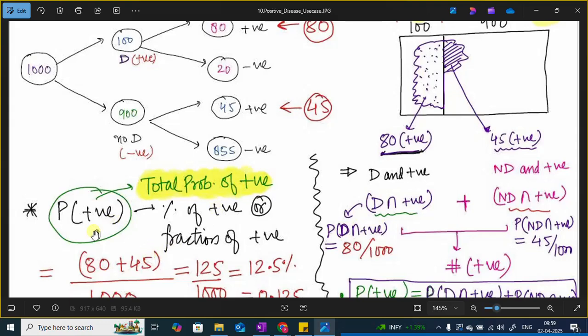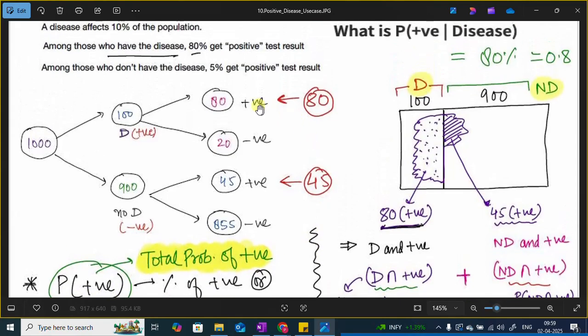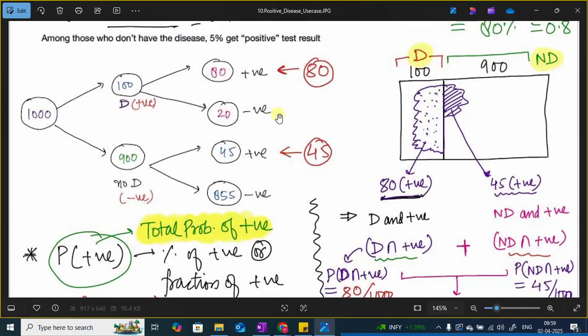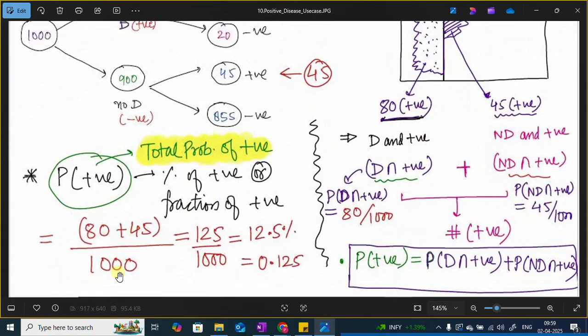Now, if I find the positive cases, here positive cases are 80, here positive cases are 45. 80 plus 45, out of what? What is the total population I have? 1,000. Out of 1,000, 80 plus 45 is nothing but 125, divided by 1,000, nothing but 12.5. 12.5% of people have positive cases.